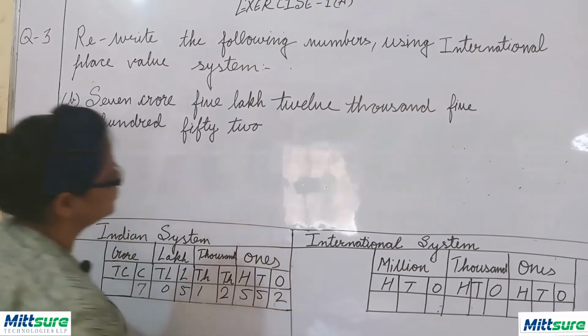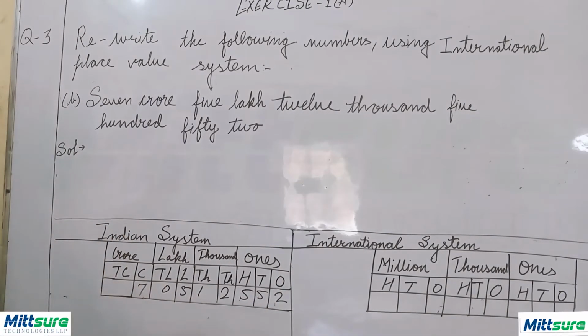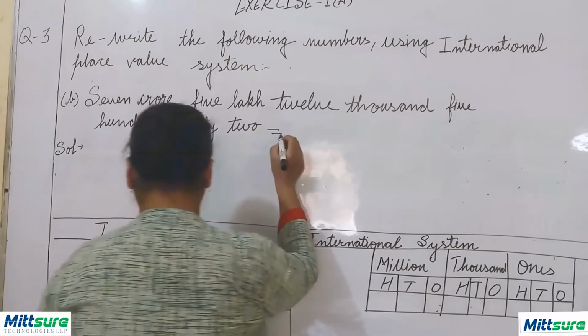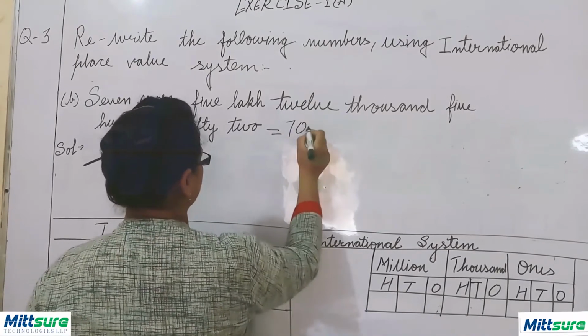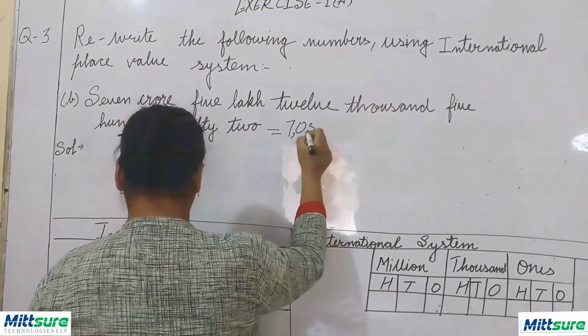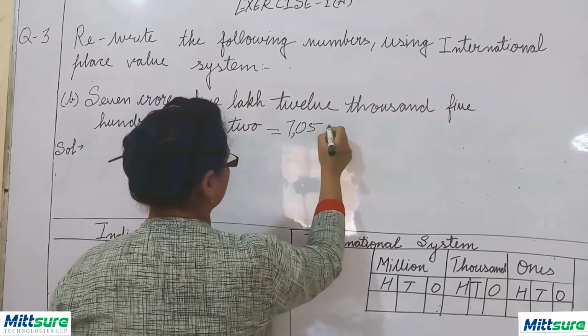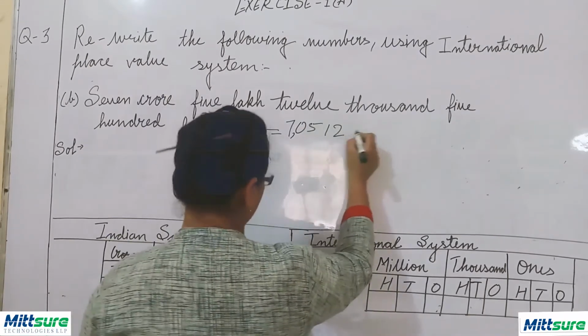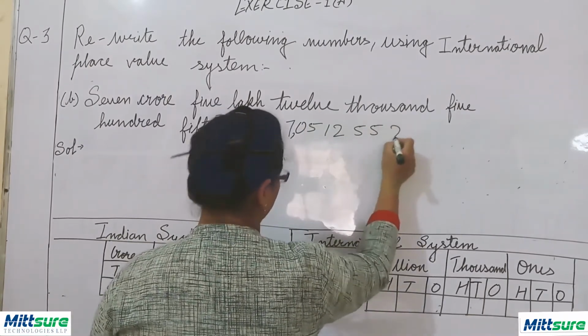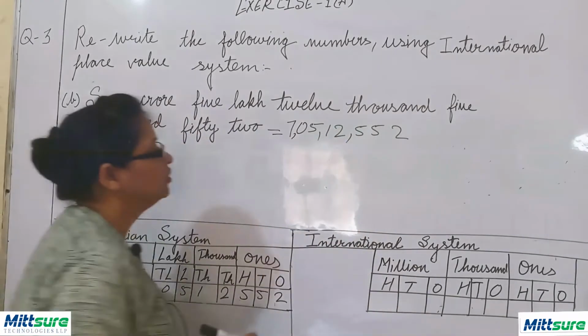This is the number. Now I will write this number 70512552 and put the commas.